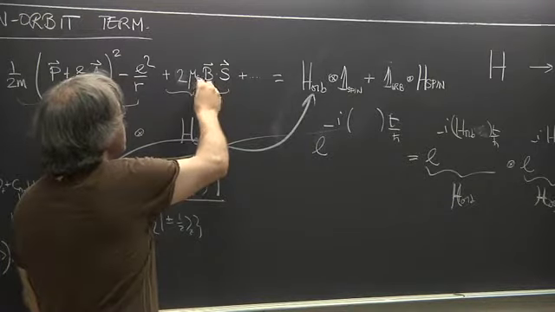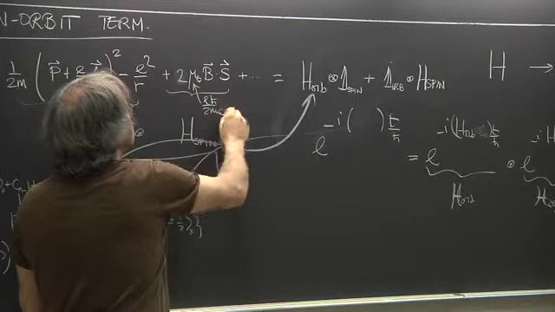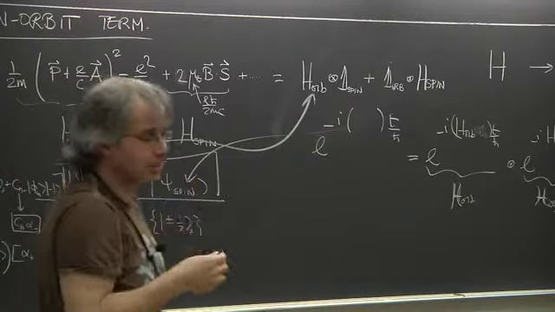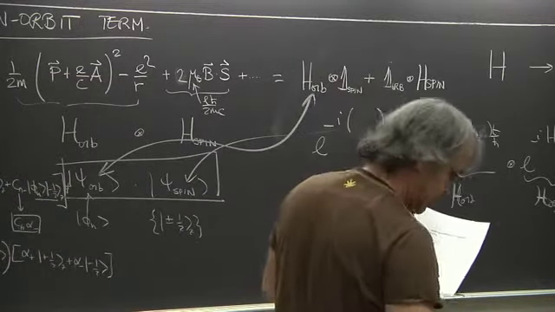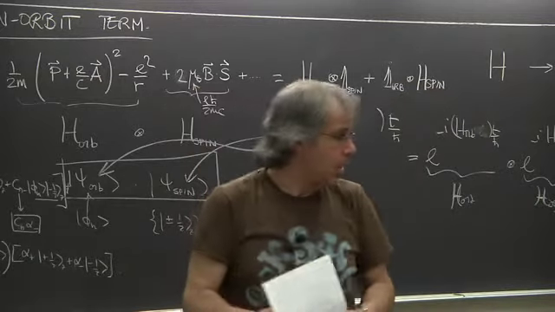You see, mu B is e h bar over 2mc. The c is there. This is also of relativistic origin in some sense, because magnetic fields are strongly related to relativity.